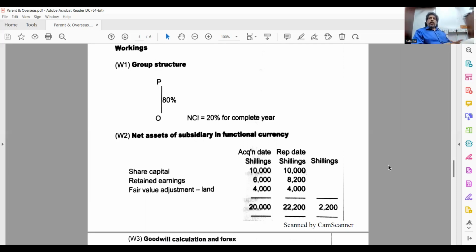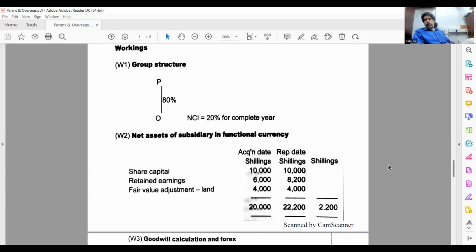You can consider the share capital as on that date and then add the retained earnings as on acquisition date. So now tell me, what is the share capital given on the balance sheet of Overseas at the year end? 10,000 shillings. Since there's no fresh issue, 10,000 is appearing in the balance sheet as on 31st December 20x7.